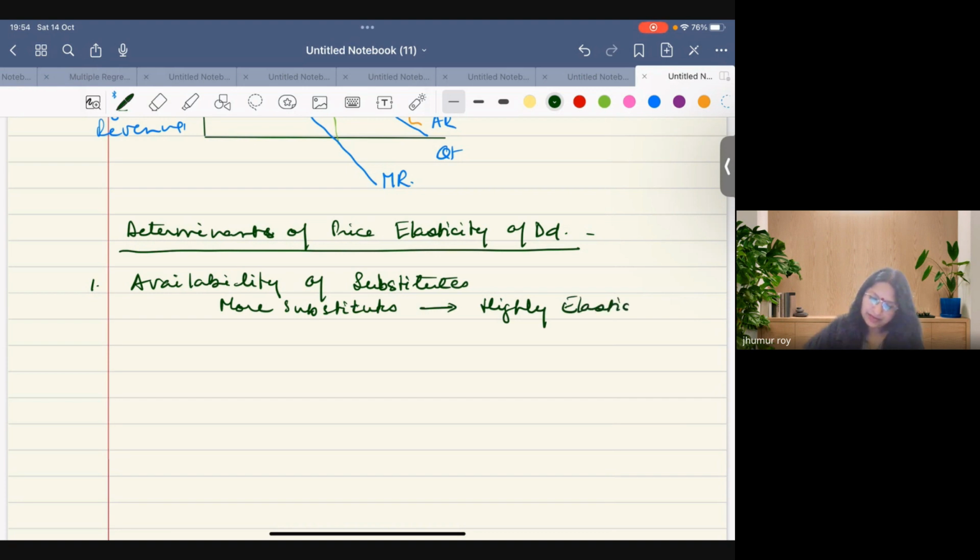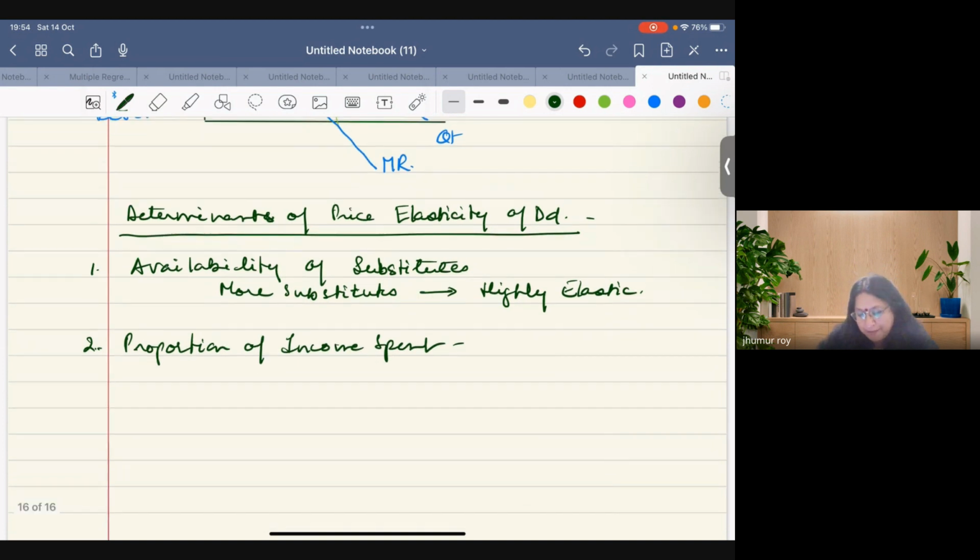Okay. The second example that you have is proportion of income spent. Suppose for a packet of salt, you're just spending less than 1% of your income.